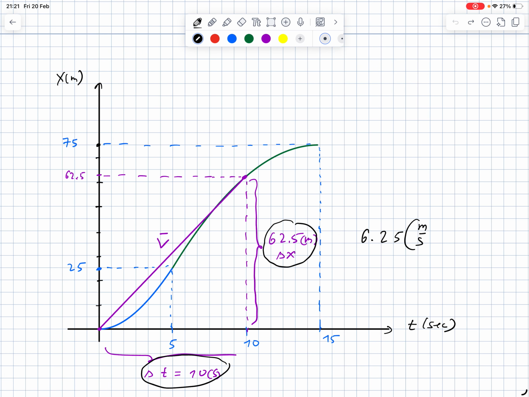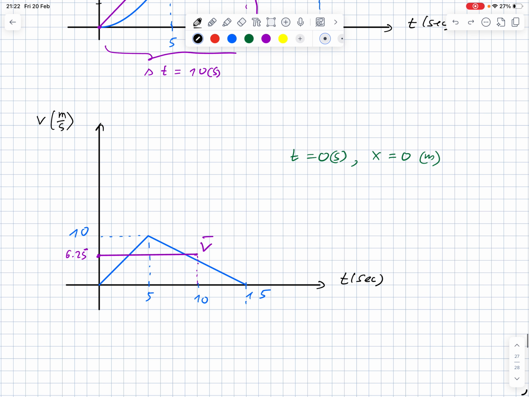Now, how will this average velocity look in the graph of v of t? This is the graph of v of t. It will just look like a straight line between the initial time of 0 seconds and of course 10 seconds. Now I only need to show you why it is okay.